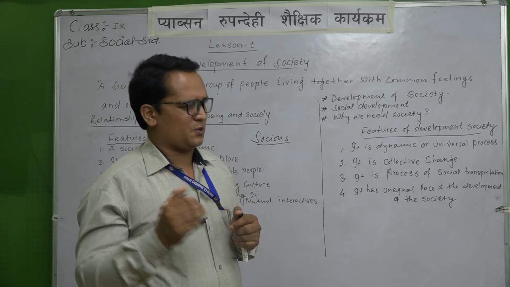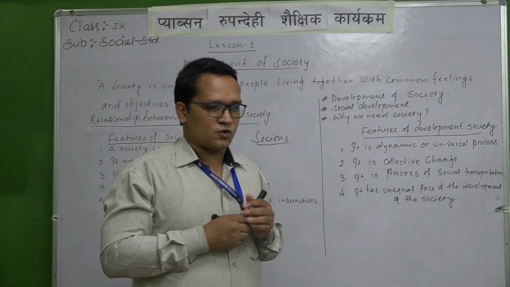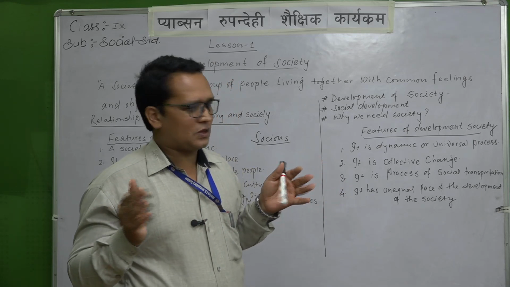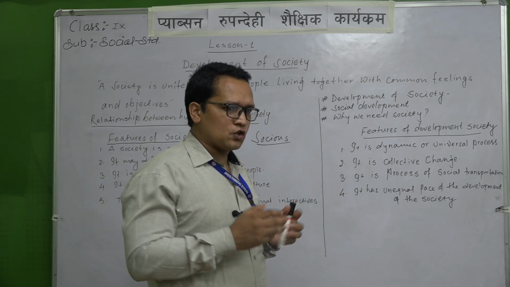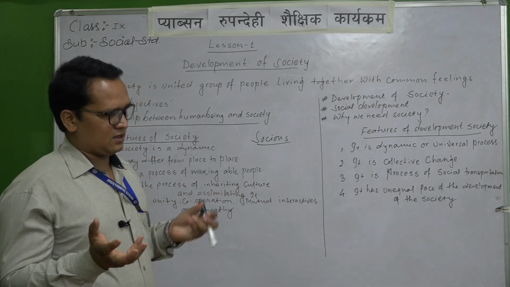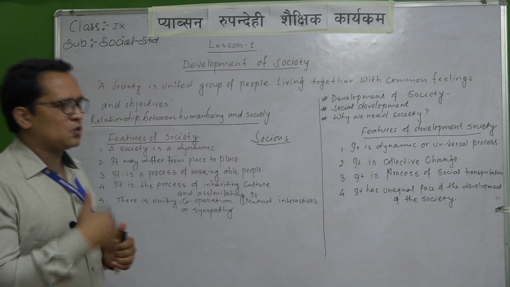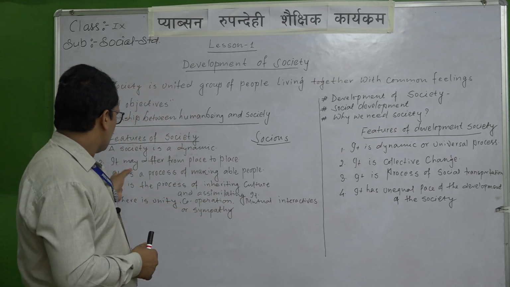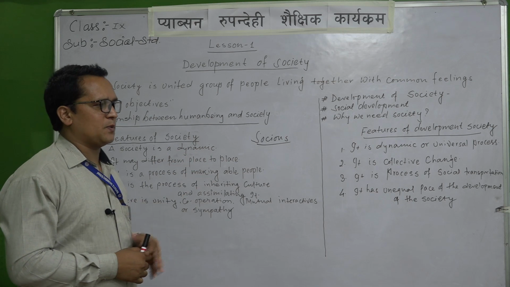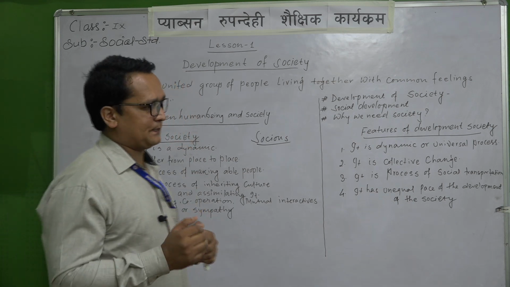If anyone is going to do negative work, they will think, oh, society will neglect us. So that sort of situation can be. Because of this compulsion as well as the positive aspect, an observer is required, so the process of making able people is one of the important features of the society.